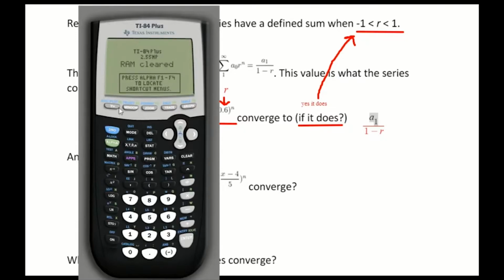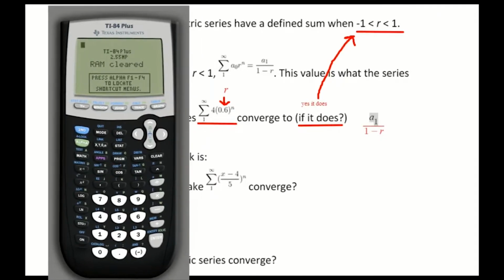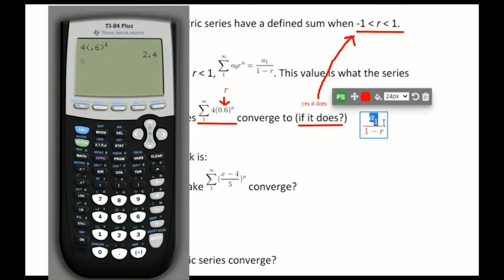We don't want to get it wrong. So let's move that out of the way just a little bit so we can see everything. Okay, so the first term is going to be 4 times 0.6 to the first power. We don't really need to put to the first power, but just to illustrate this a little better. Okay, so we know that our first term is 2.4. And then the common ratio is 0.6.